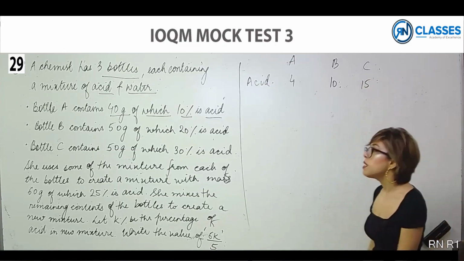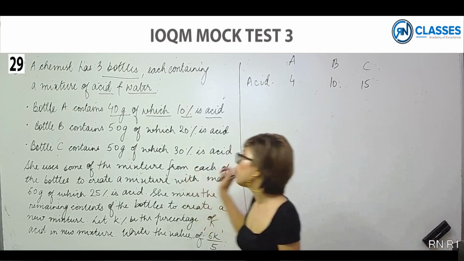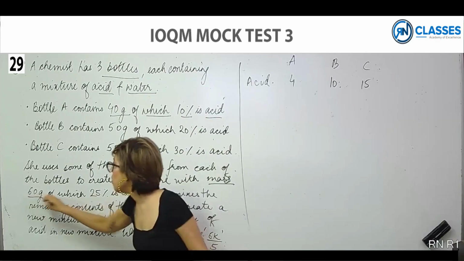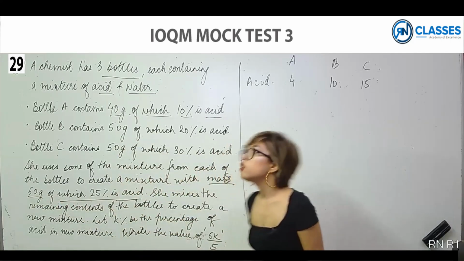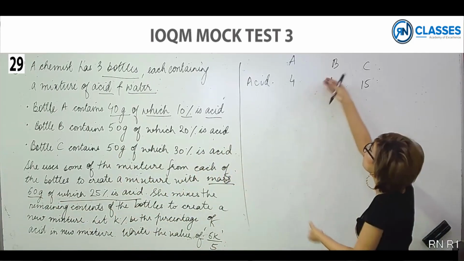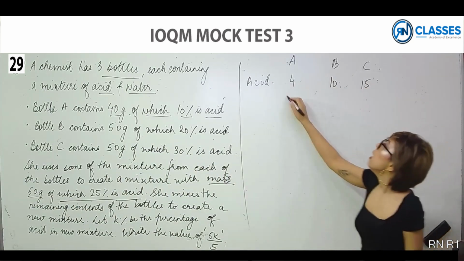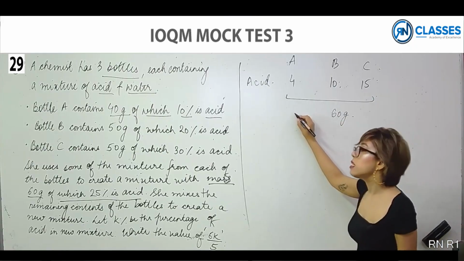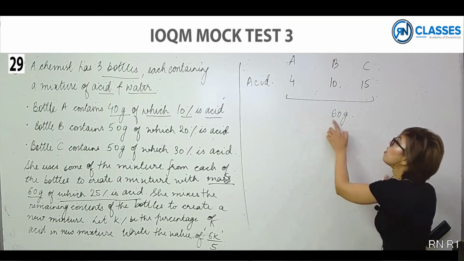Alright. Now he says she uses some of the mixture from each of the bottles to create a mixture with mass 60 grams, of which 25% is acid. So she's getting some out of this, some out of this, some out of this. And in collaborating that she gets 60 grams, out of which 25% is the acid. So that means 25% of this is the acid.